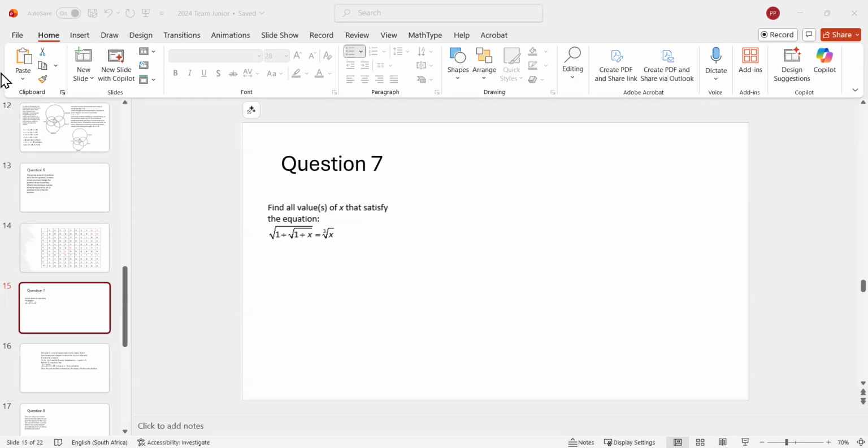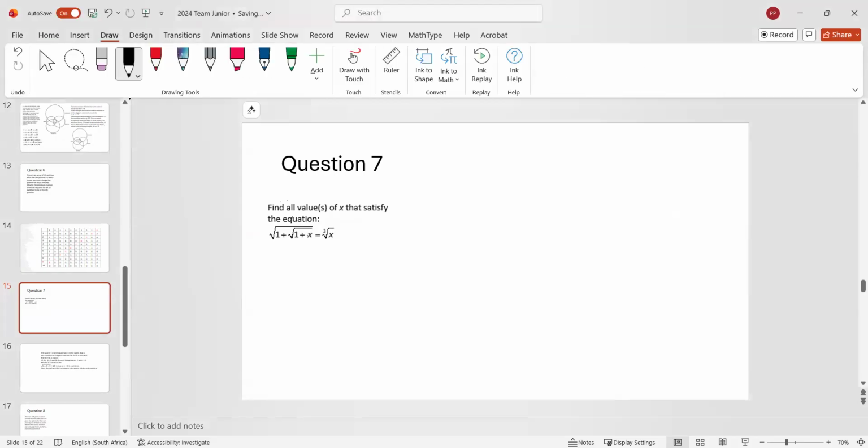All right, now the next question is, find the values of x that satisfy the equation. I think you need to say integers. I don't know why they say this. As it stands, it's very much more difficult.